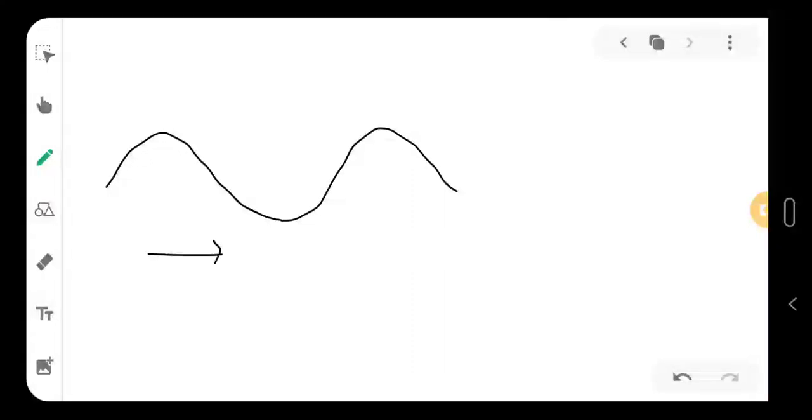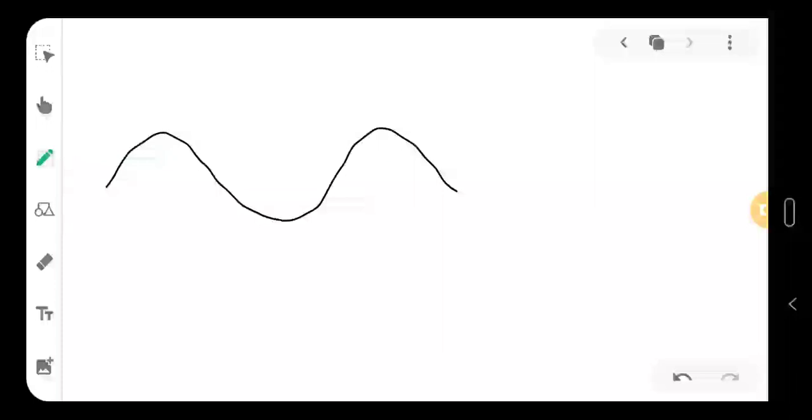Okay, talking about the very general properties of waves, I am drawing two pictures. If I draw like this, that means the energy is flowing horizontally, whereas the oscillation is happening in the vertical direction. This kind of wave is called a transverse wave, right?